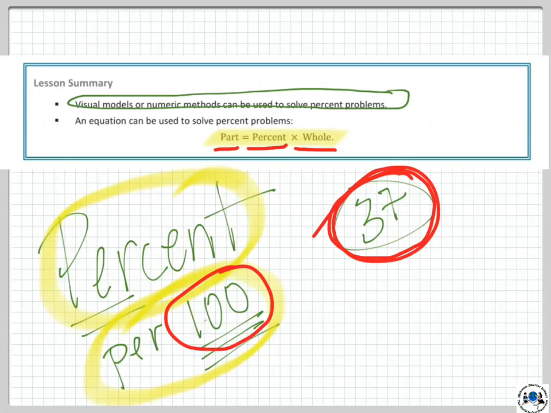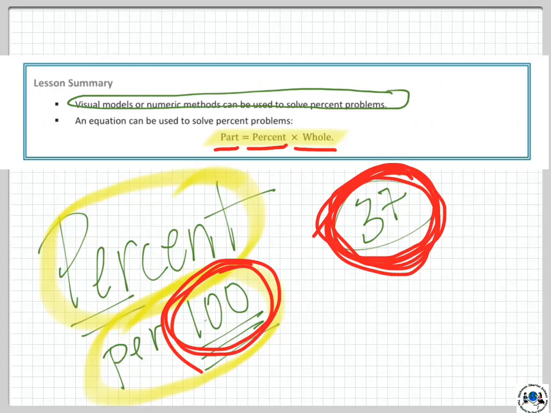You're looking at it in terms of a class of 100, but you're still calculating a percentage for your class of 37, let's say. 100 is very easy to work with in terms of our numbers. Anyway, that's how it is.